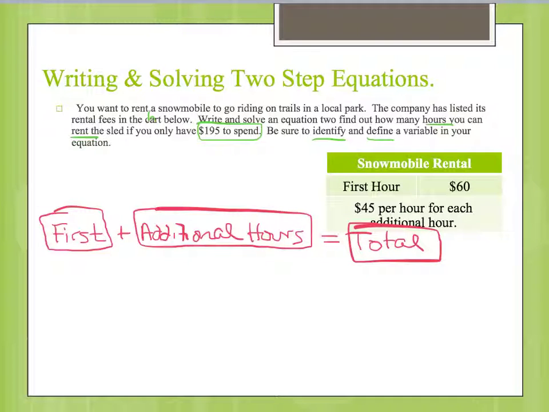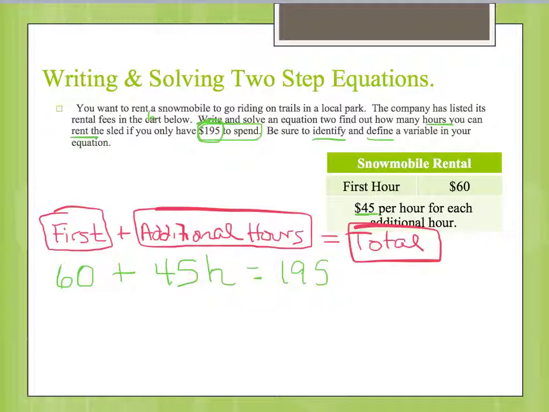For the first hour, it's going to cost $60. Plus, for the additional hours, I'm paying $45 per hour. Again, the word per is a multiplication word. So again, I'm going to use the letter H to talk about the number of hours. And so that's going to equal the total that I have to spend. I have only $195 to spend. So then, if I solve this equation for H, I can figure out how many hours I can ride.